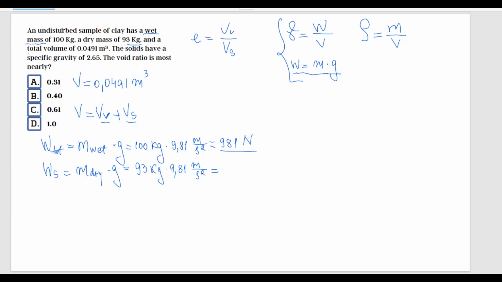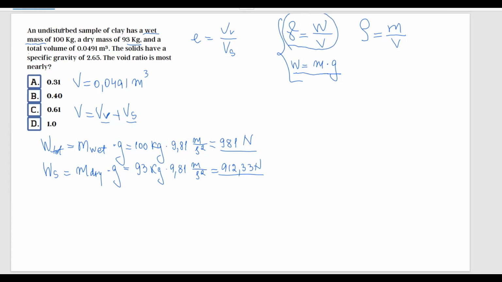If you use the calculator, you should get a value of 912.33 newtons. Perfect. So now that we have these weights, we can use the regular formulas. I'm going to go with the gamma formulas.